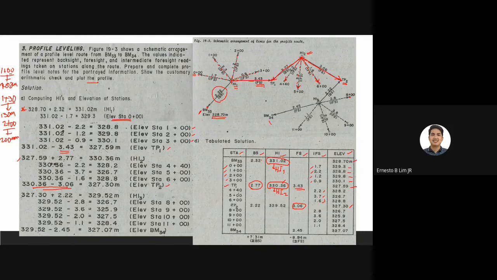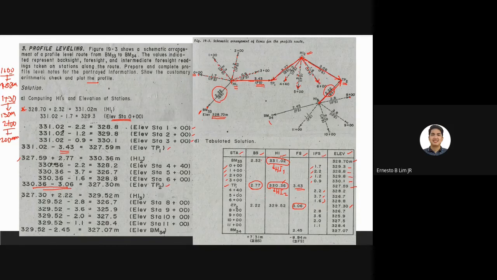Again, after getting the foresight for your TP2, transfer your instrument to the most convenient location for you to sight the IFS of your center line. Then after setting up the HI3, you again sight TP2 to get the backside.